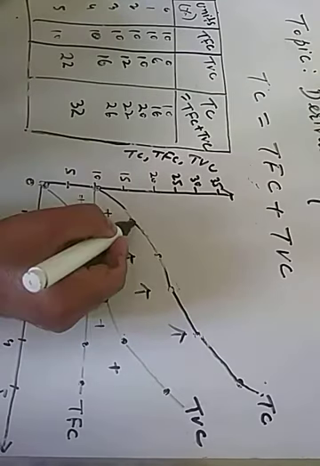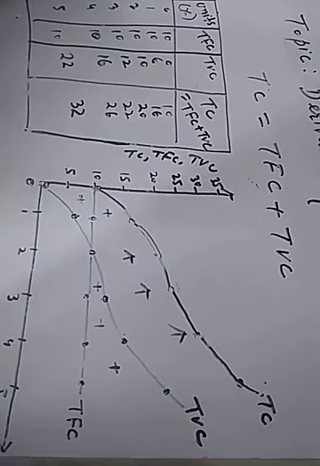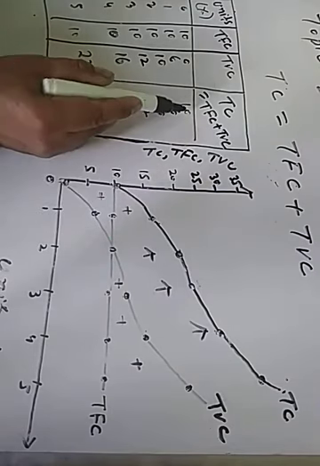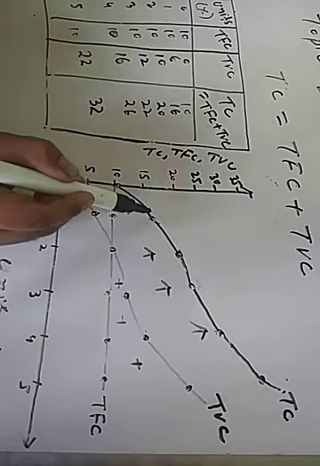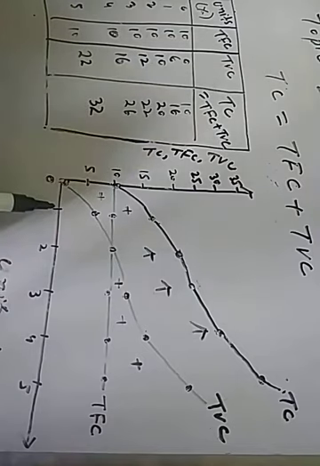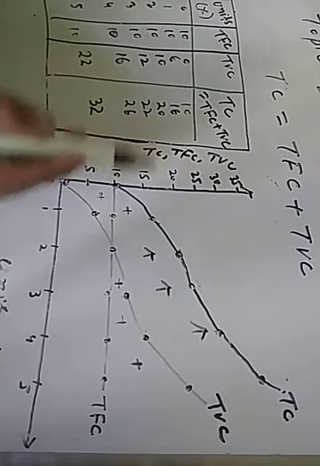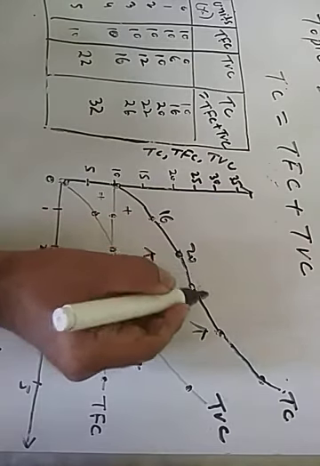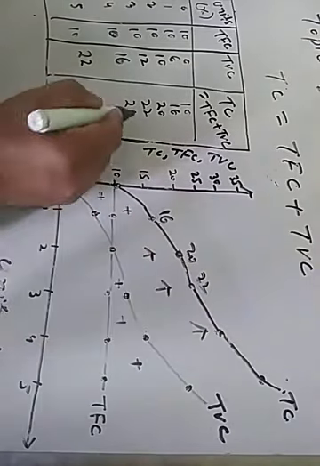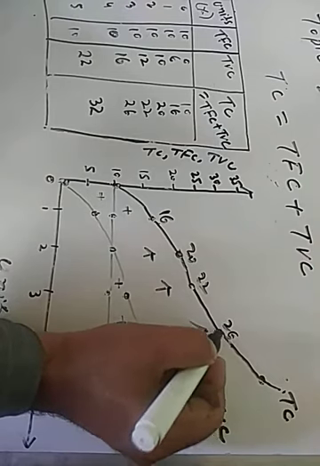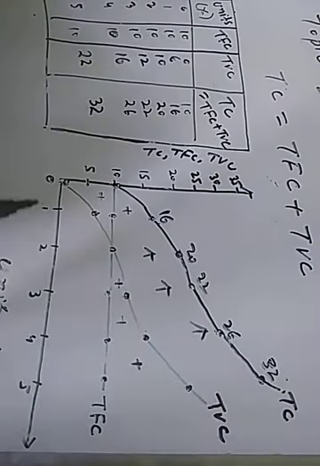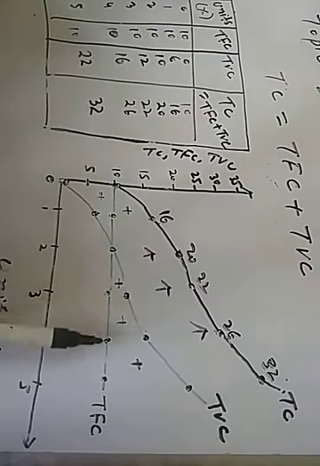The values are like this: 10, that is total cost. This point shows 10, and for the first unit the total cost is equal to 16, then 20, then 22. This point shows 26, and the last one shows 32 total cost, which is the vertical addition of these two curves.